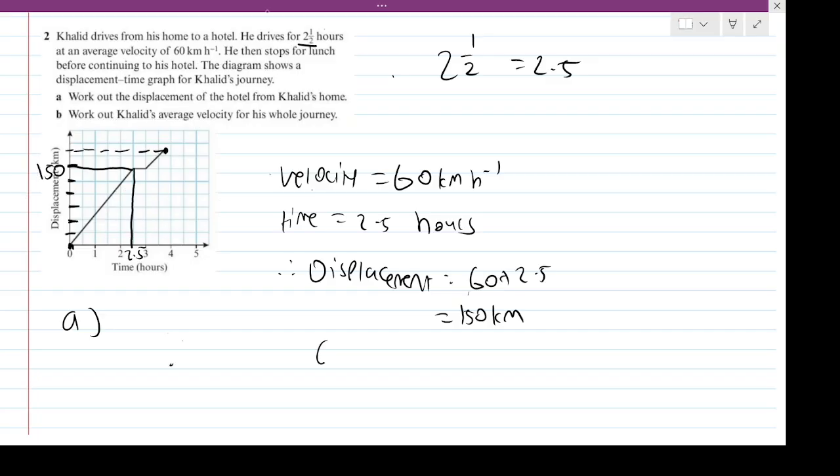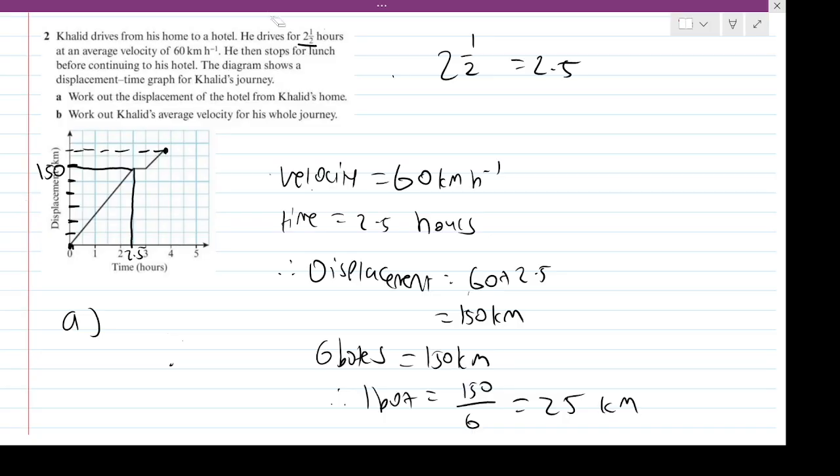So 6 boxes on the y-axis represents 150 kilometers. So therefore 1 box is 150 divided by 6, which is 25 kilometers. Okay, so that means each box is 25. So we have 25, then 50, then 75, then 100, then 125, then 150.